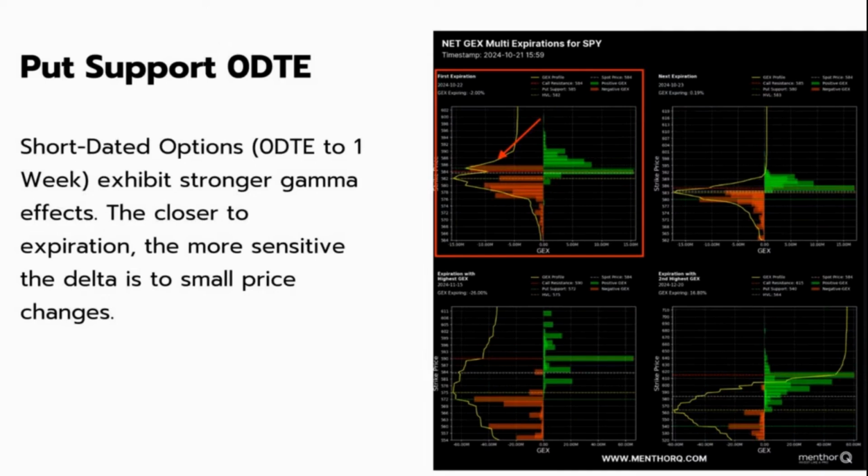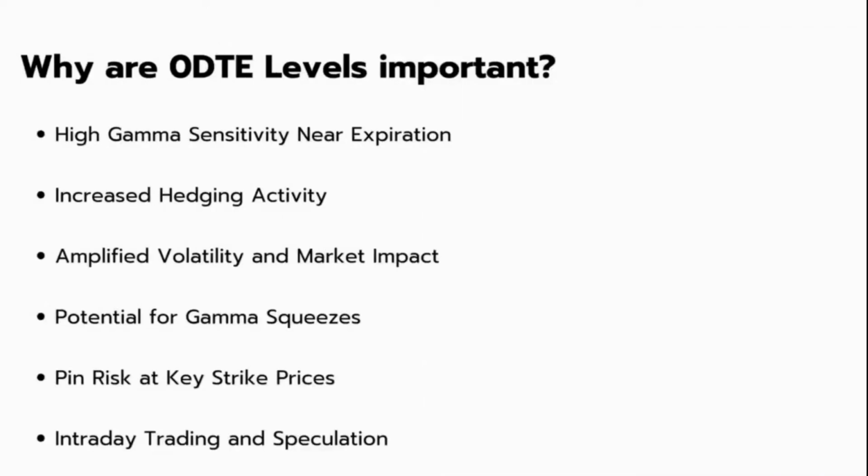All right. So let's go back to why these levels are important, and we talked about it yesterday. But basically, the closer the option is to the expiration, the more sensitive the delta is to small price changes. And that could lead also to a big change in gamma. So we see that short-dated options, typically 0 DTEs or weekly options, have a higher gamma sensitivity.